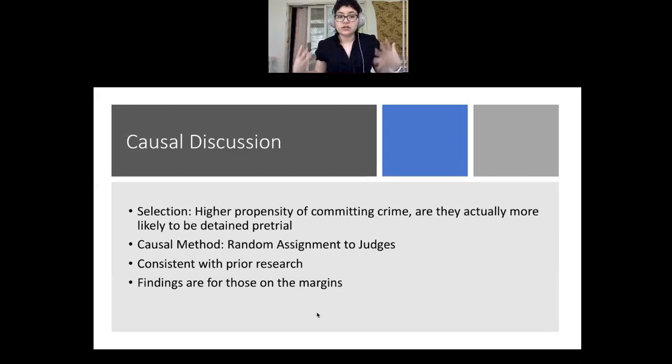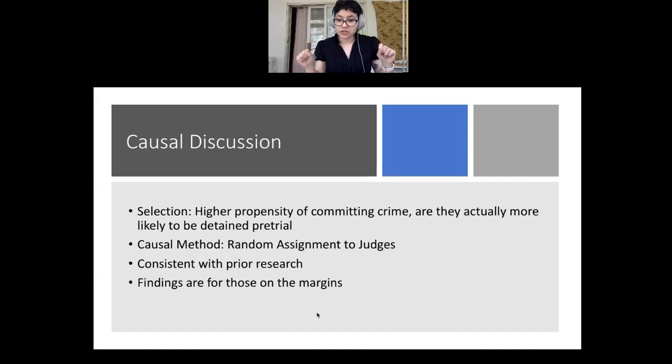And what's important about causal inference is it isolates, okay, just receiving bail. If you just receive bail, does that negatively affect things? Controlling for your charge, controlling for your racial demographics, controlling for the neighborhood that you come from. And so the causal method that people have used is random assignment to judges. So let's try to control for all the things prior to that.